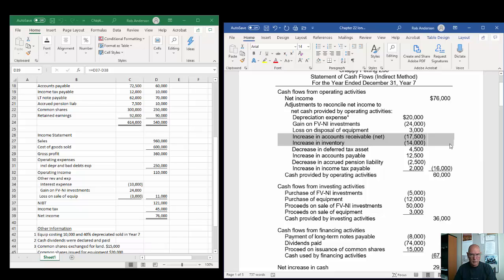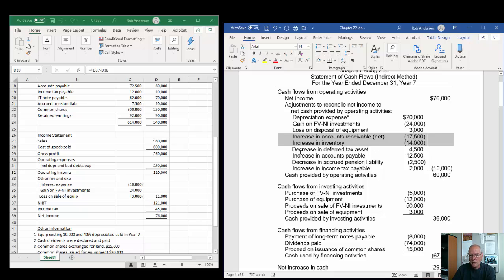That means compared to collecting all your sales, you did not collect all your sales, even more so in year 7. So that's a decrease in cash flow. You increased your inventory, so that means you not only paid for cost of goods sold, but you also purchased more inventory. So that's even less cash again. So those are both adjustments.